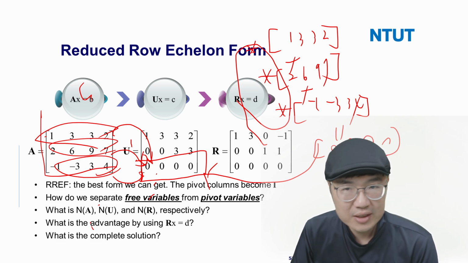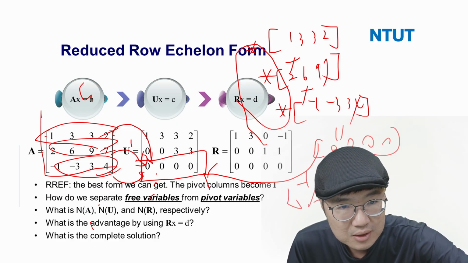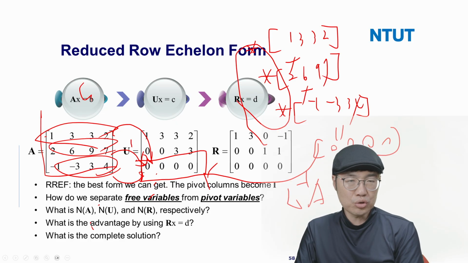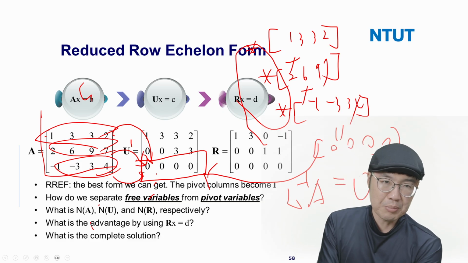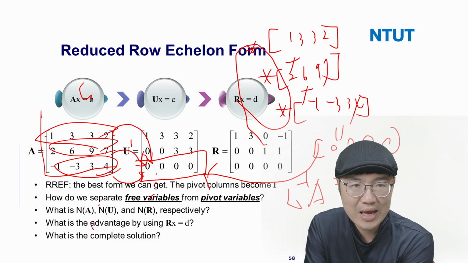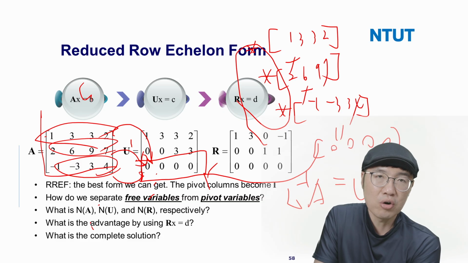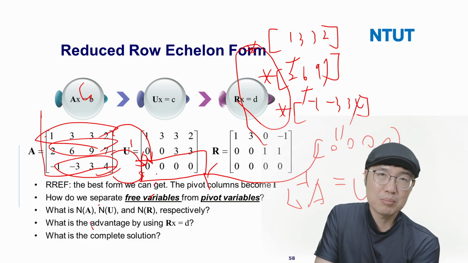L inverse. Yes, because it is the L inverse that brings A to U, so all the row operations can be found by L inverse. And this is why I keep saying that L inverse documents the whole Gaussian elimination process.